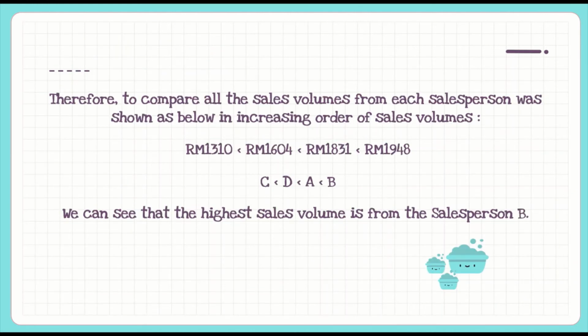Therefore, the comparison of the sales volumes of each salesperson is shown below in increasing order. C has the lowest sales volume, and the highest sales volume is from salesperson B.